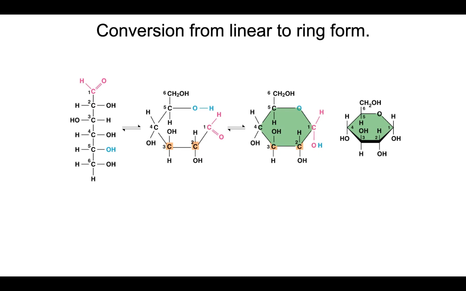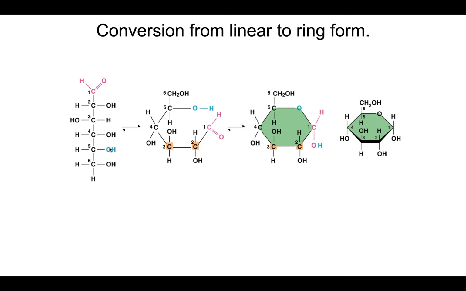The last difference that we may see between monosaccharides is how they form a ring. Now, like I said, most of the time monosaccharides exist in solution in the ring form and not the chain form. This is the reaction. This is how a chain form of a monosaccharide goes into the ring form. And the way it works is one of the hydroxyl groups is going to form a covalent bond with the carbon of the carbonyl.